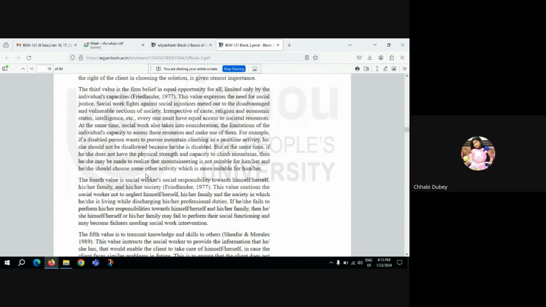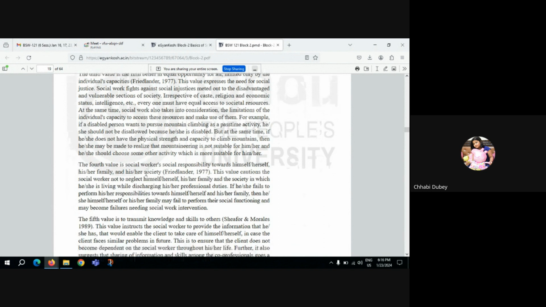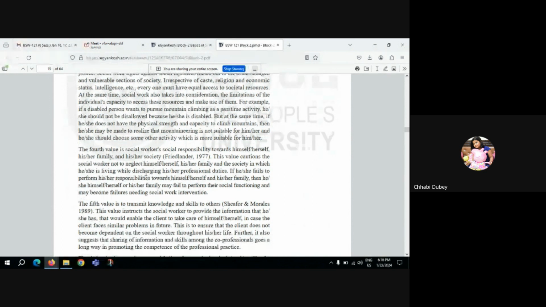Besides our professional duties, we have to perform the duties towards our societies and our families. When we fail to perform our social functioning, this is also in a way a failure as a social work professional. So apart from the profession and clients, we have a responsibility towards the society in which we live and also our families.